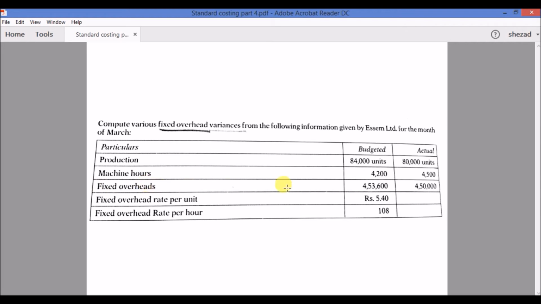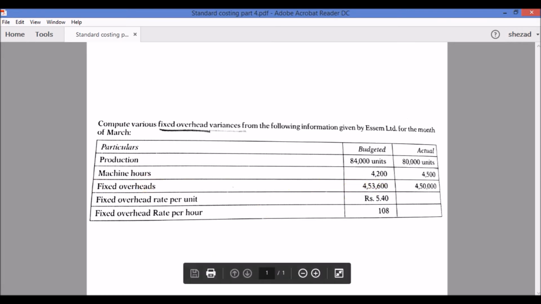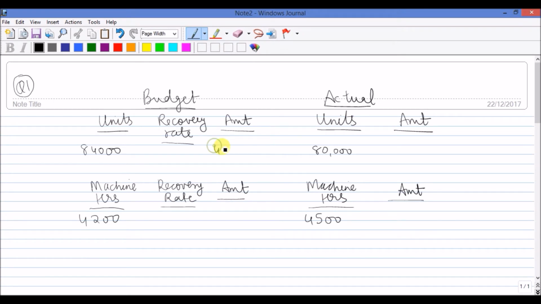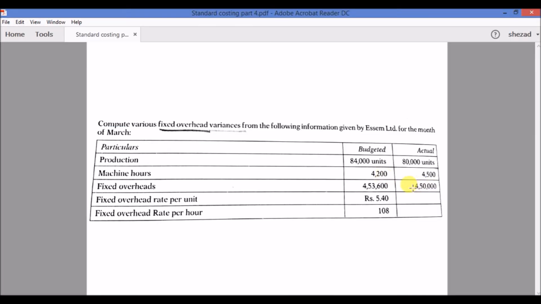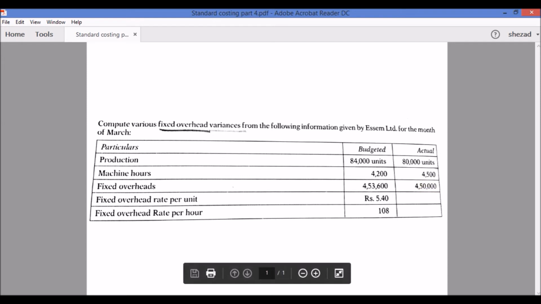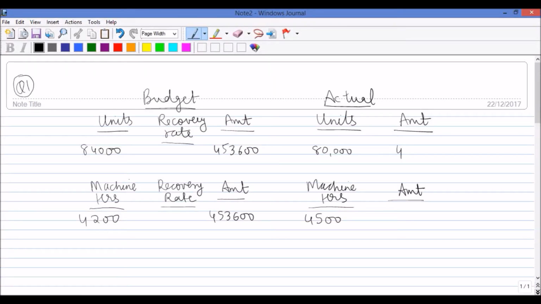Then we have a fixed overhead in budget which is 4,53,600. The fixed overheads are going to be the same. Then in actuals we have 4,50,000.